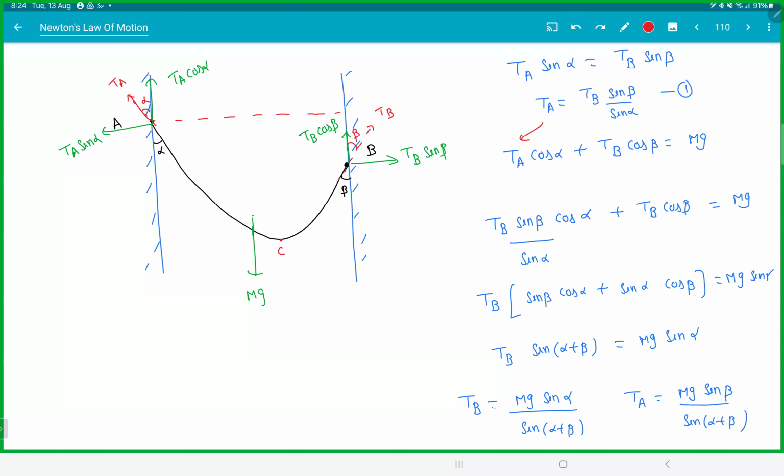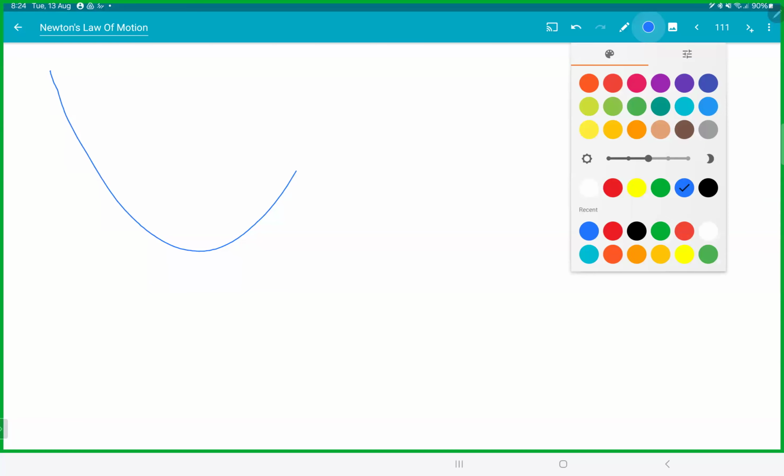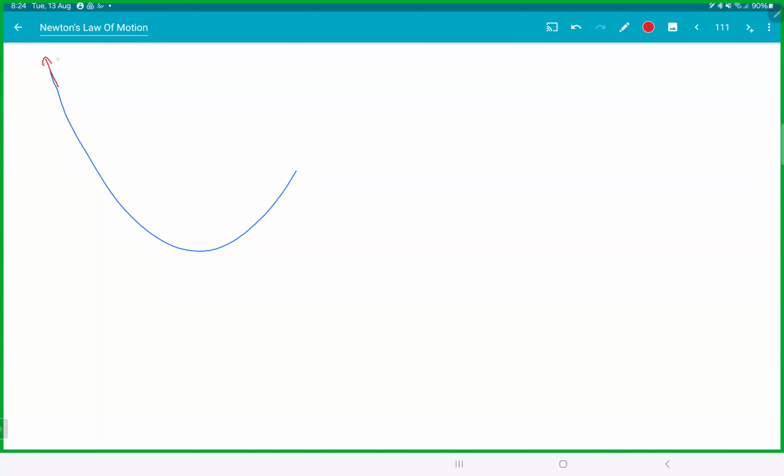All clear with this? Any doubts on this? Please check. Now, how do you find C? Now you'll notice something in this string. And this is TA. This is alpha.